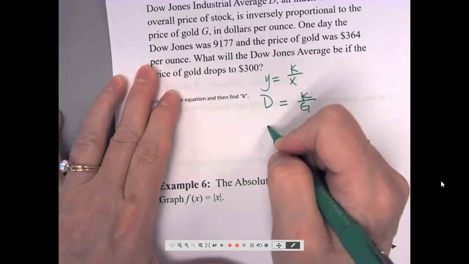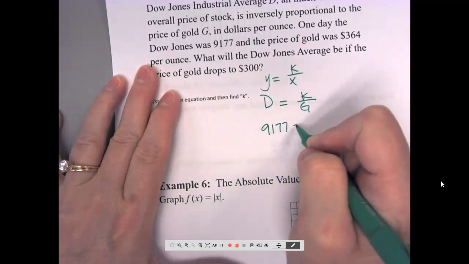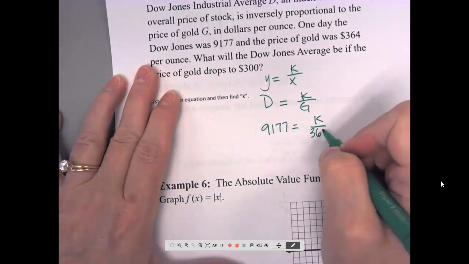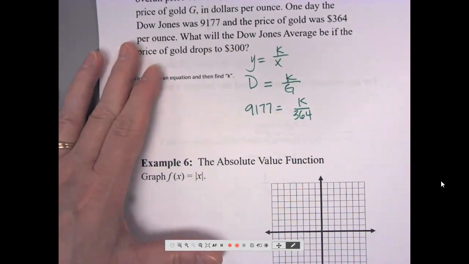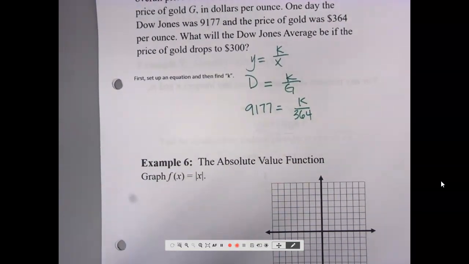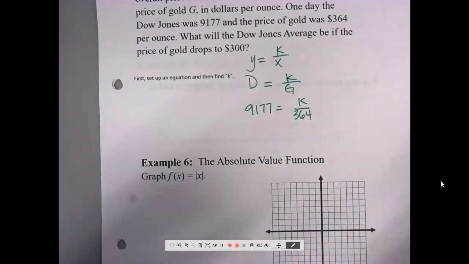Dow Jones was 9177 when gold was 364. I'm going to use this information to figure out what K is. How would I solve for K? Multiply by 364.